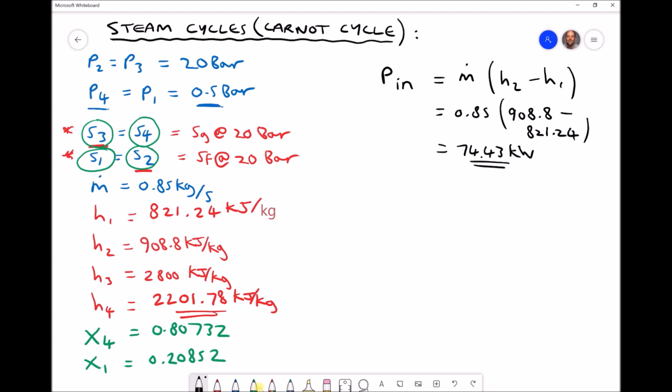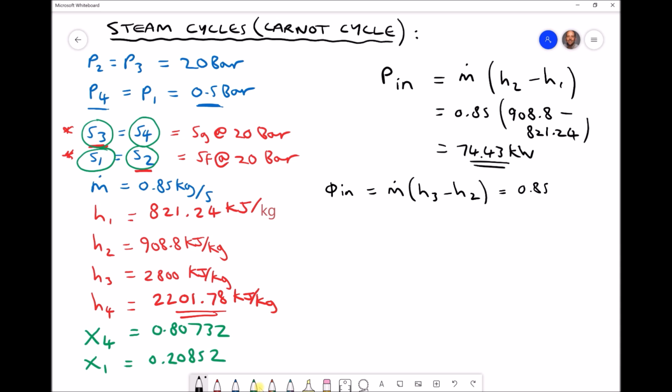The reason we have kilowatts there is because our enthalpy values are in kilojoules per kilogram. So after we've compressed the steam, the next thing we do is we heat it in the boiler. So we can write Phi in equals the mass flow rate again, m dot, and the enthalpy values either side of the boiler. We have H3 at the exit minus H2 at the entrance.